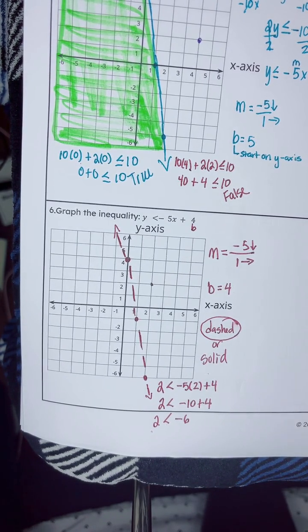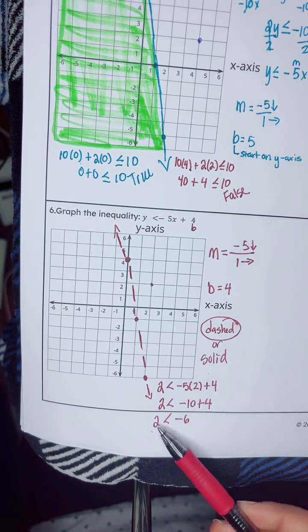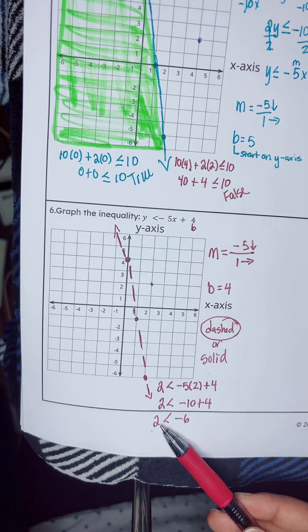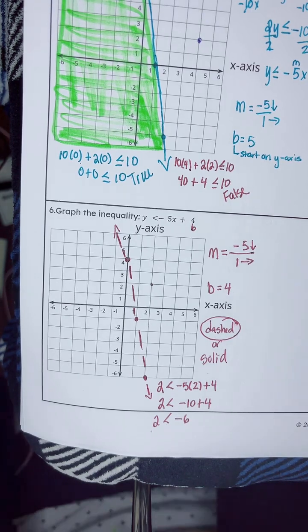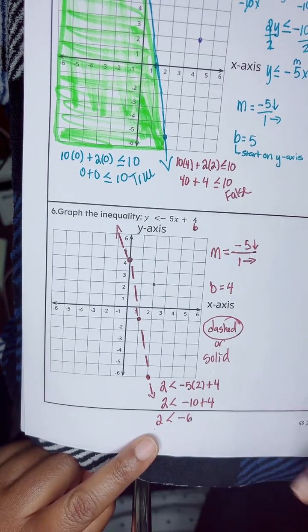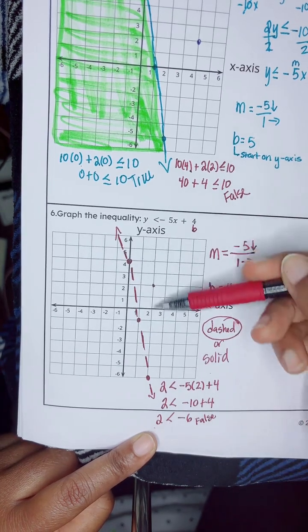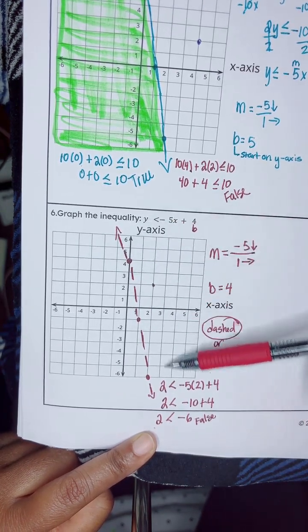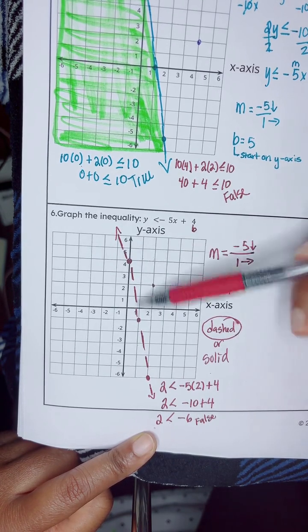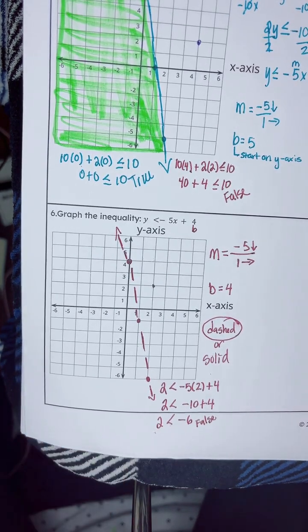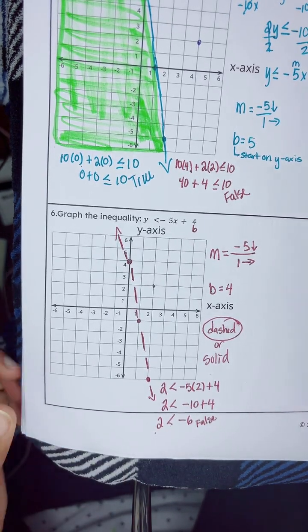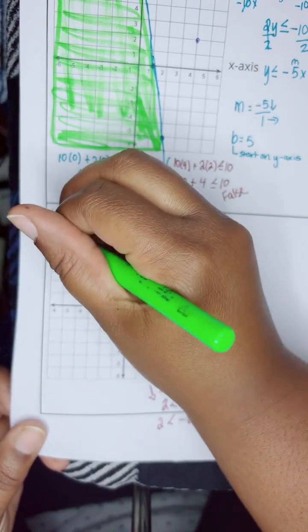Is 2 smaller than -6? It is false. 2 is way bigger than -6, so this is false. And since this is false, that means I can't shade anything on this side because this point was not true. I don't even have to test the other side because I know that side has to work out.